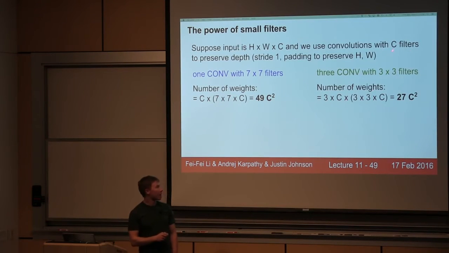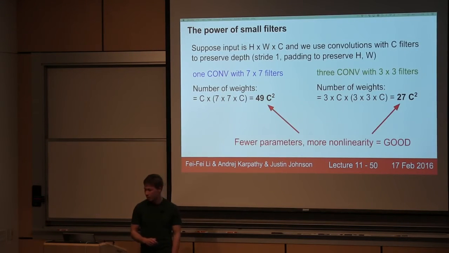But now for the 3x3 convolutions, we have three layers of convolutions. Each filter is 3x3 by C, and each layer has C filters. When you multiply that all out, we see that three 3x3 convolutions only have 27C squared parameters.